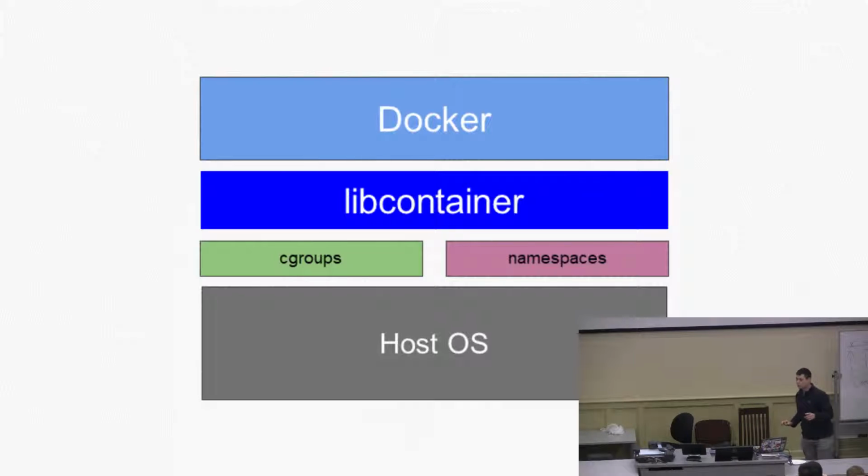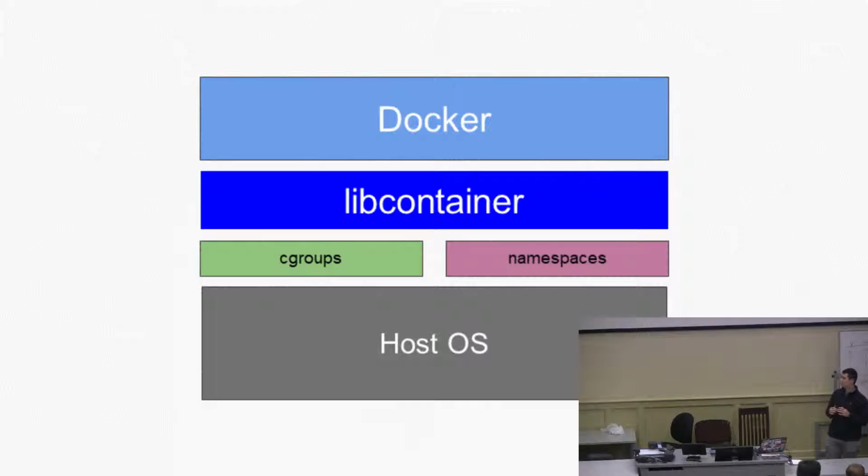Docker runs on top of something. Linux provides the green and the pinky purple things, cgroups and namespaces. These are tools that help to provide this isolation. Cgroups are used to make a process feel like it's the only process running on the system. Namespaces, on the other hand, partition the resources so that a process only sees its portion of the resource, whether it be network or memory or whatever.